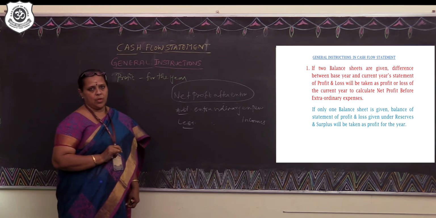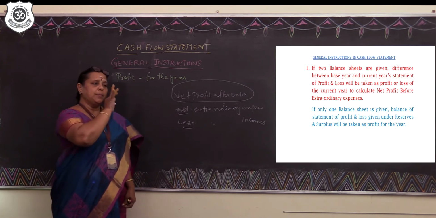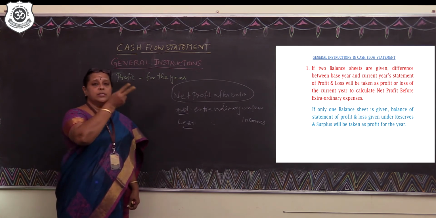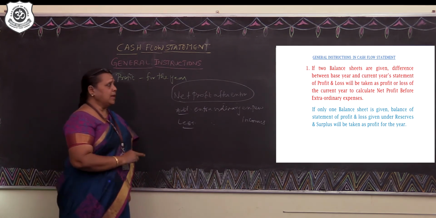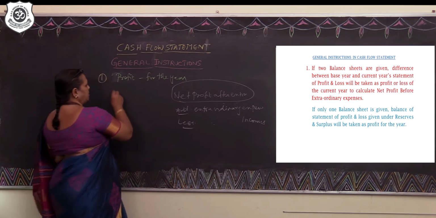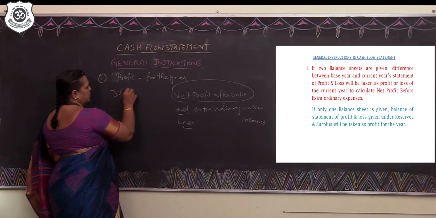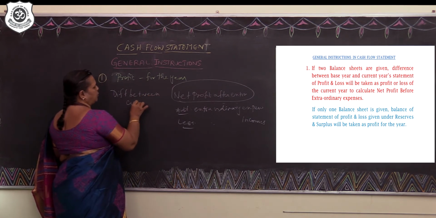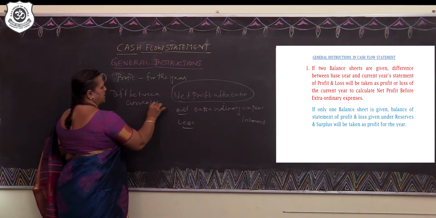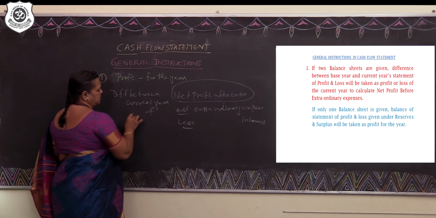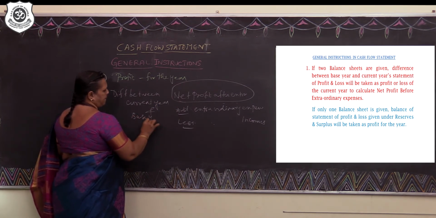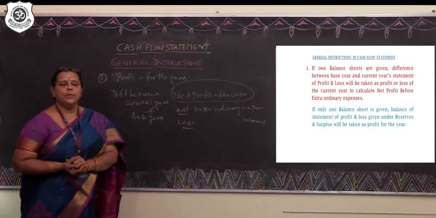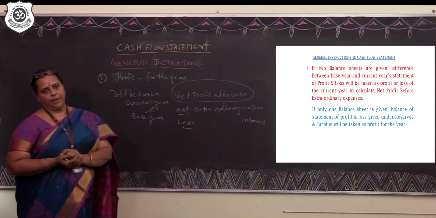Number 2, in case statement of profit and loss is not given, but you are given 2 years' balance sheets, then in that case, the difference between current year profits and base year profit will be the profit for the current year.